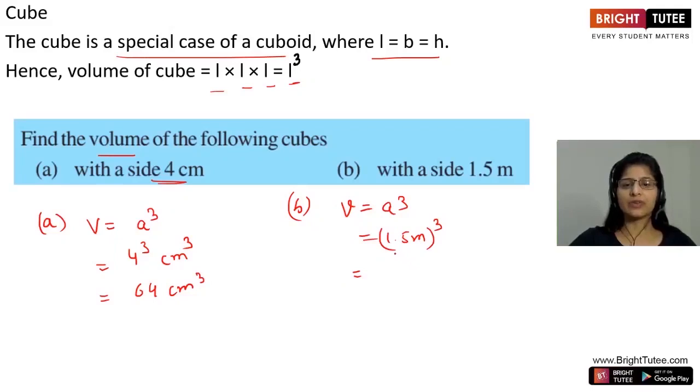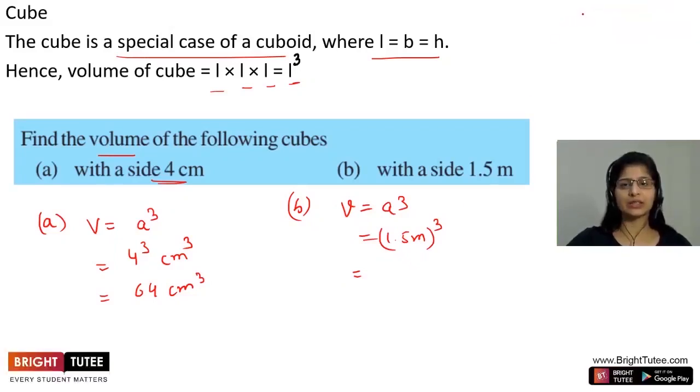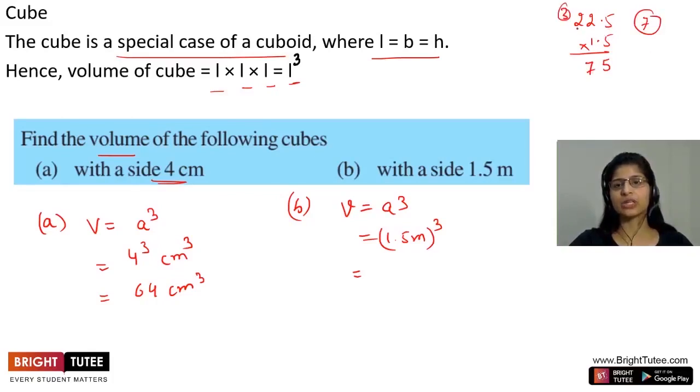Okay. Now we have to find the cube of 1.5. 1.5 square is 22.5, and then we will multiply it with 1.5. We'll get the cube of it. So 15 5s are 75, carry is 7. 15 2s are 30 and 7 is 37. Again carry is 3. 15 2s are 30 and 3.